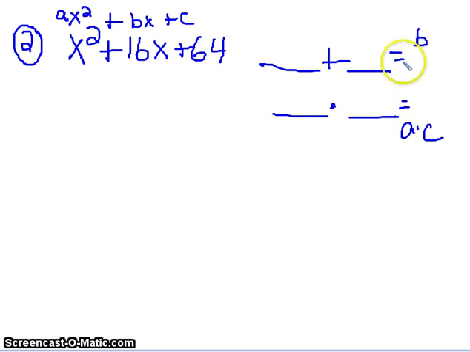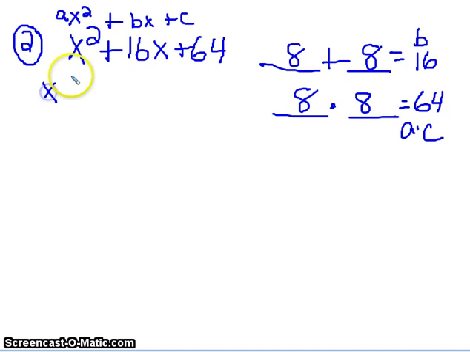Your somethings have to be the same. So they're going to add to give me 16, and when I multiply 1 times 64, I get 64. Well, I know that 8 times 8 is 64. That should be pretty apparent. And so 8 times 8 being 64, what's 8 plus 8? 16. So that's my trick.